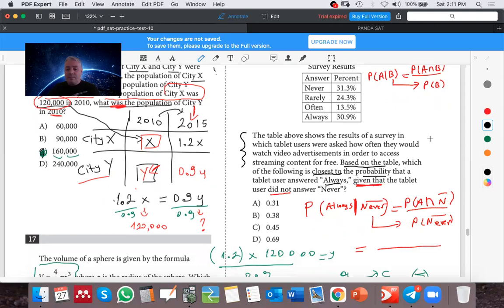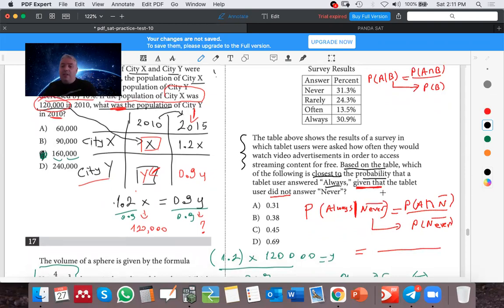Why finished? Look now. When you answer the question, who says always and out of never? When you look here, who says always here? Isn't it 30.9%? And this is out of never. Out of never means it's not never.